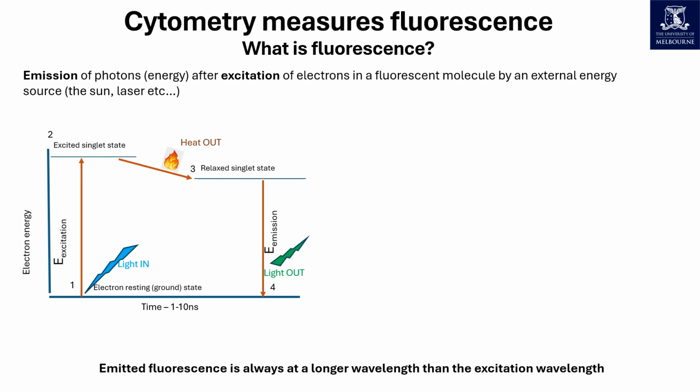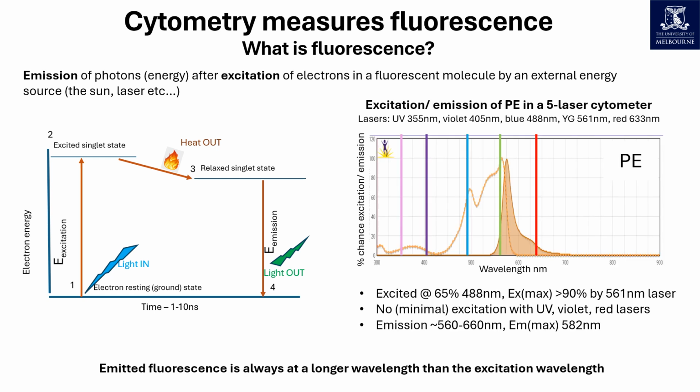Each fluorophore has an excitation and emission spectrum. Shown on the right is the excitation and emission spectrum of the fluorescent molecule phycoerythrin, or PE. Its excitation spectrum is shown with a dotted line, while the filled histogram shows the wavelength of light most likely to be emitted after excitation.